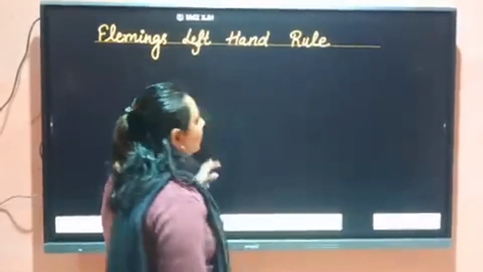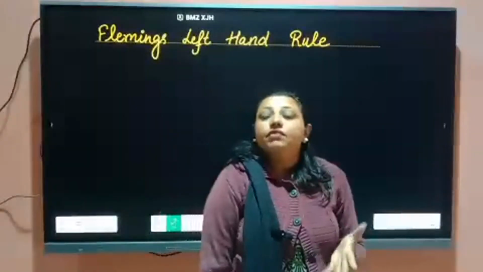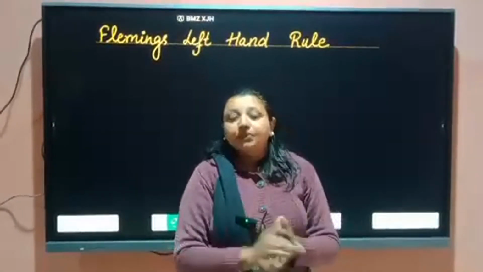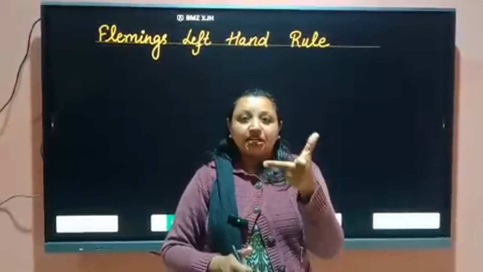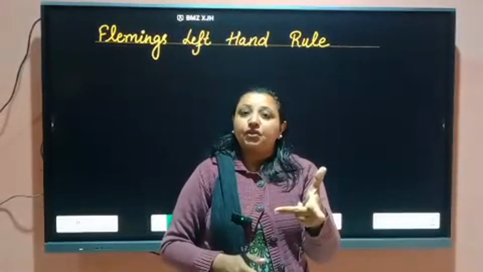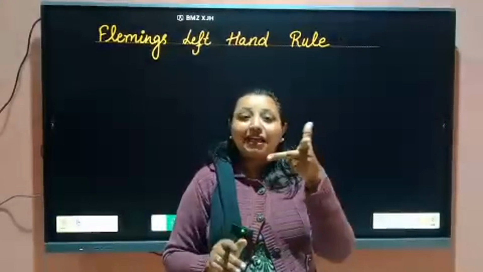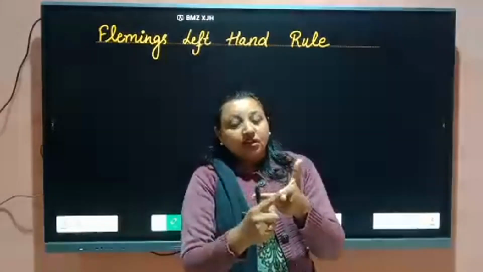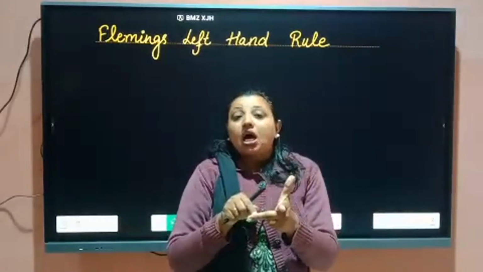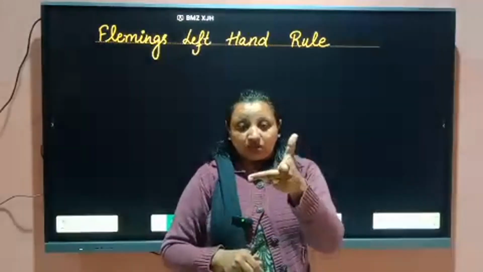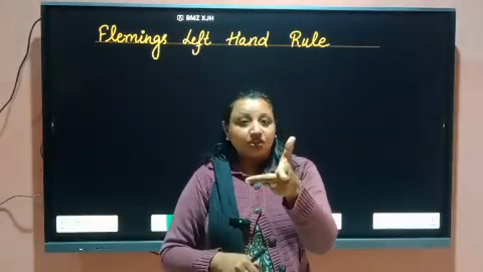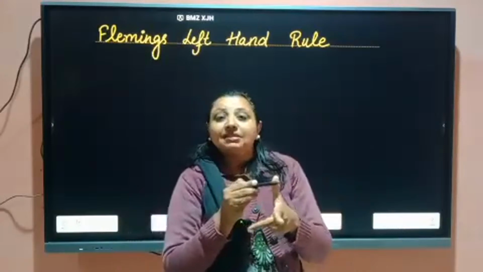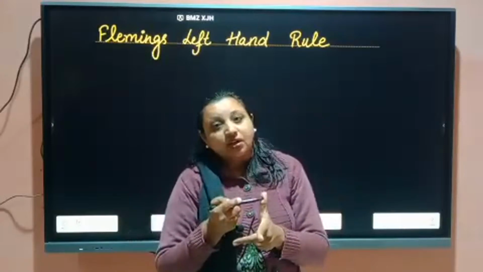Now we have Fleming's left hand rule, another rule used to determine the direction of magnetic field or force. What is Fleming's left hand rule? If we stretch our left hand in such a way that the thumb, the index finger and the middle finger are mutually perpendicular to each other, then the thumb points in the direction of force or motion of the conductor.